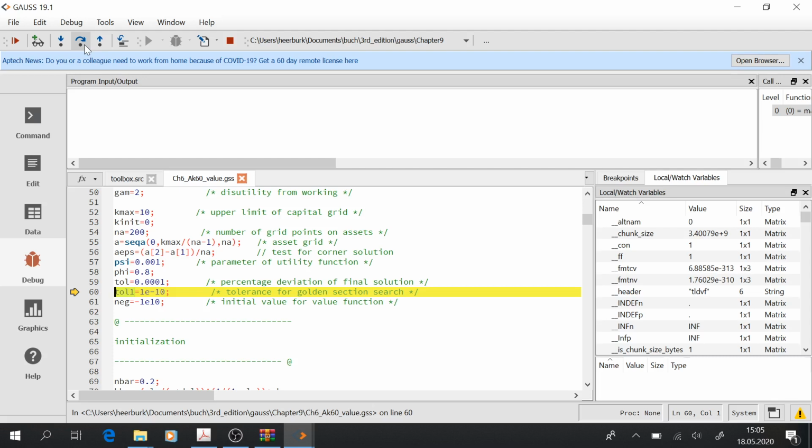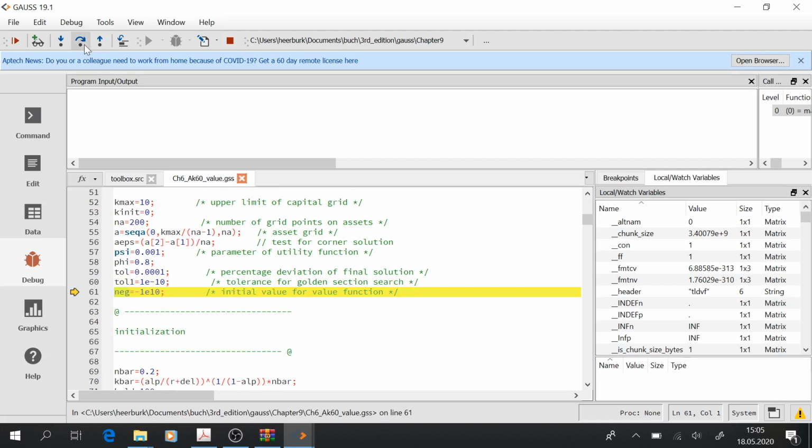If your program takes too long, you might try to reduce the tolerance here for this optimization routine. So we look for the maximum, and this tolerance here describes the difference between the last 2 iterations over the variable x when we want to find the maximum of f of x.